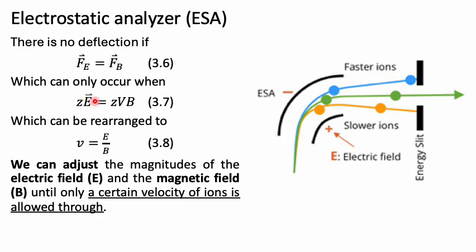We have Z times E is equal to our charge times the velocity times the magnetic force. If we rearrange this, then the velocity has to be equal to this ratio of the electric force over the magnetic force. So we can tune this to let only a specific velocity through.